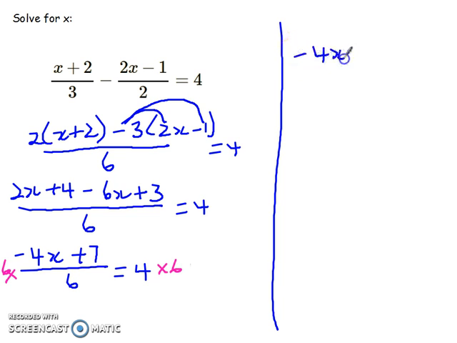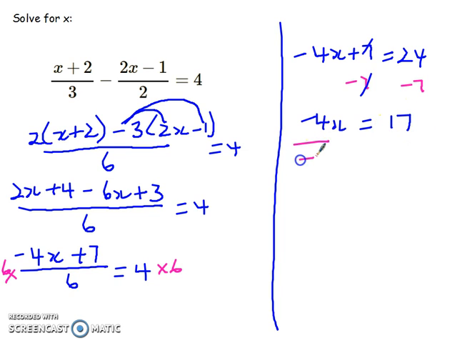Minus 4x plus 7. 6 fours are 24. I'm going to get rid of my 7 by taking 7. Minus 4x plus 7 minus 7 is gone. 24 takes 7 is 17. Then I will divide by my minus 4.